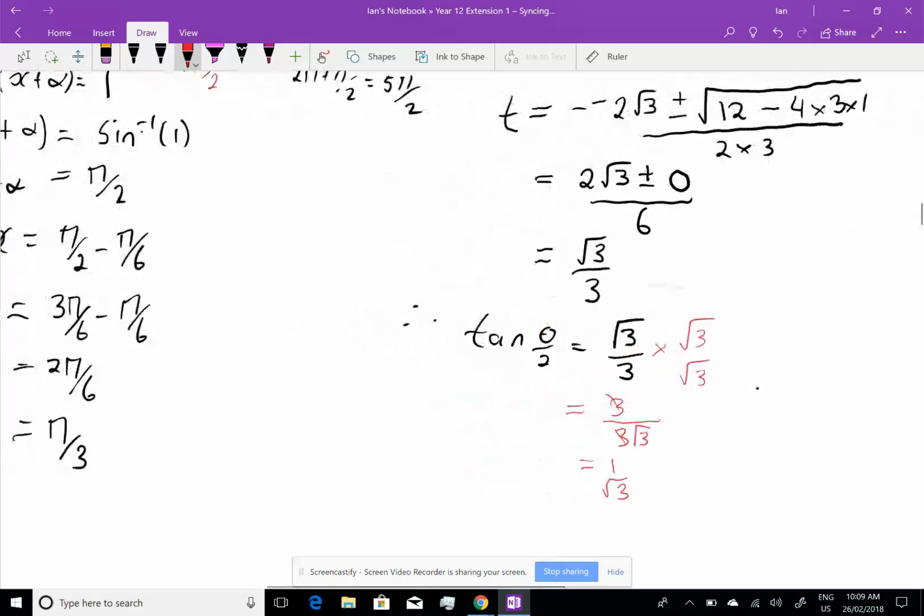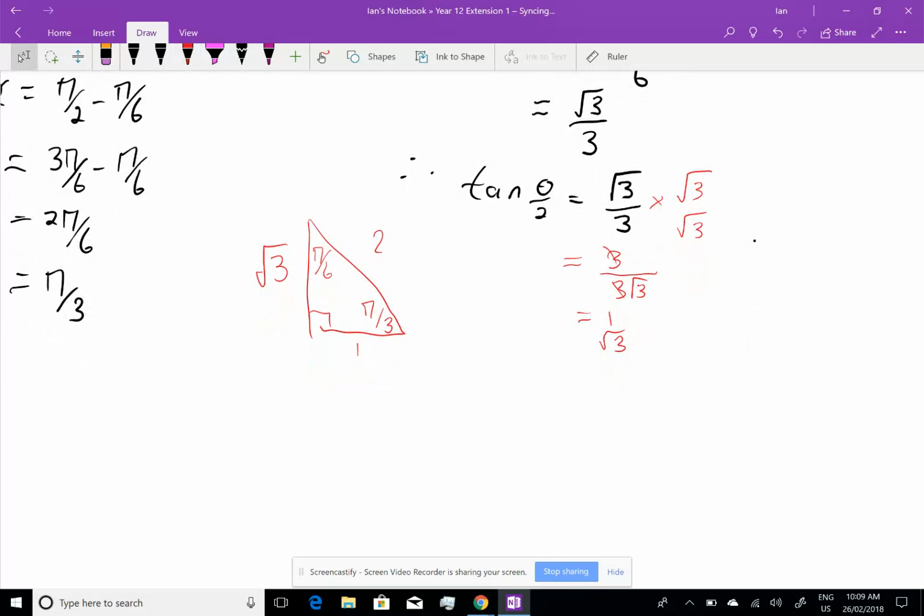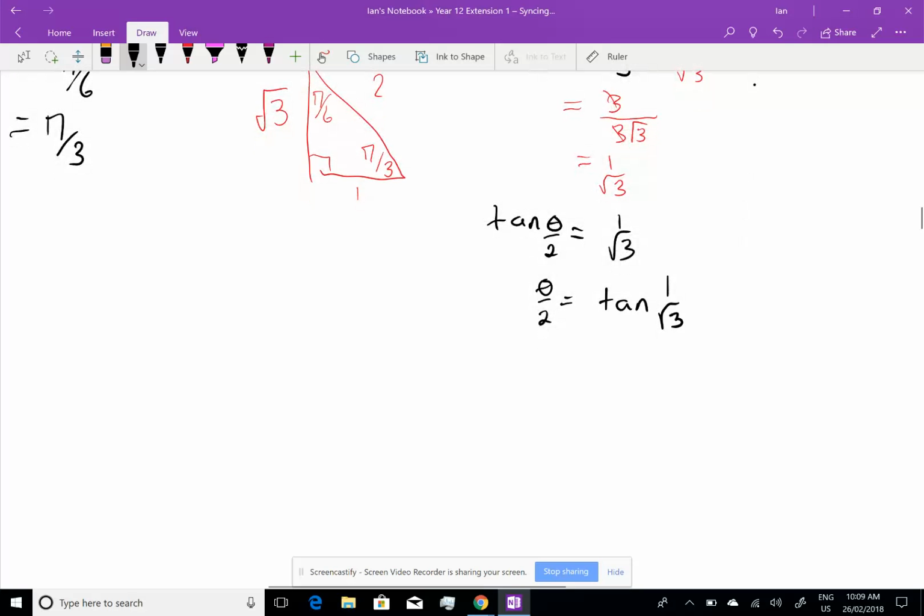And I'm lucky because I know from my right angled triangle, 1, 2, root 3, pi on 3, pi on 6. I know that triangle. So therefore, tan theta on 2 equals 1 on root 3. Theta on 2 equals the inverse tan of 1 on root 3, which equals pi on 3.